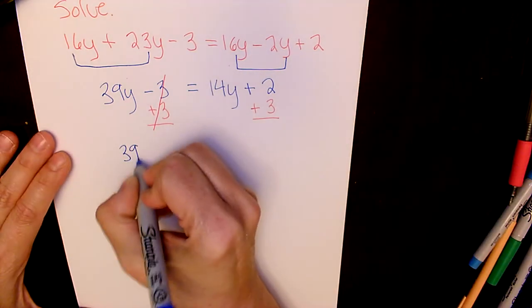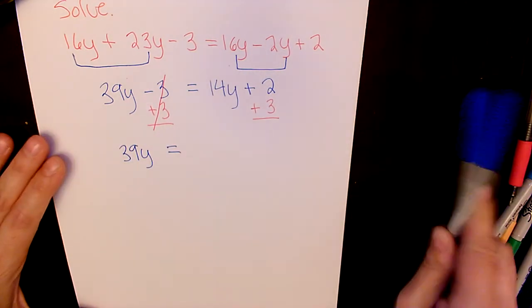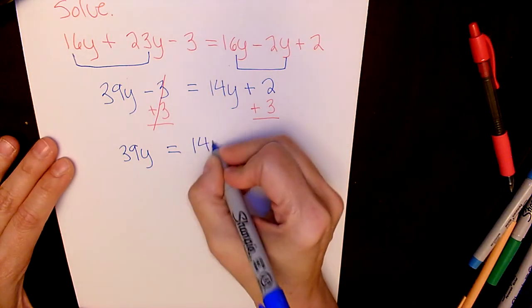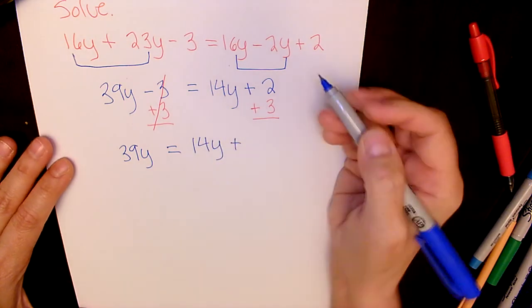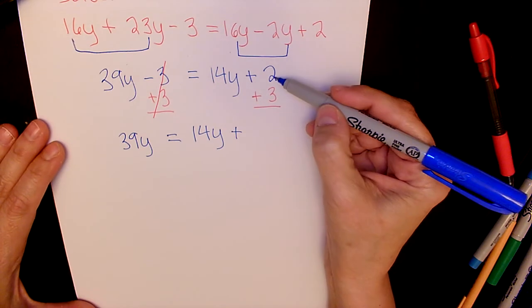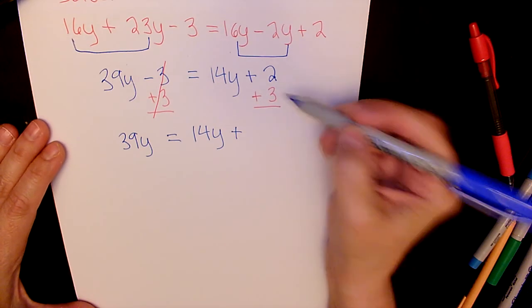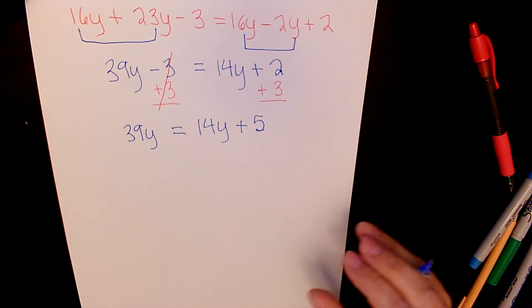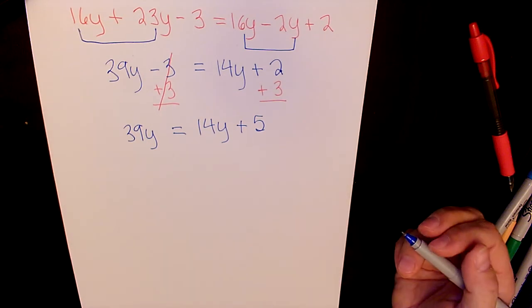And I'm going to get 39y equals 14y plus 2 plus 3 is 5. Okay, are we good so far?